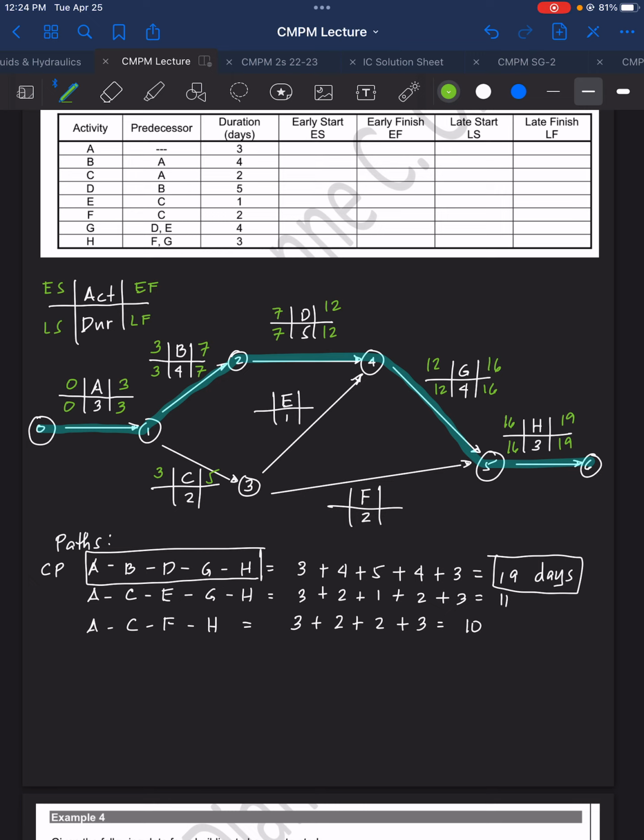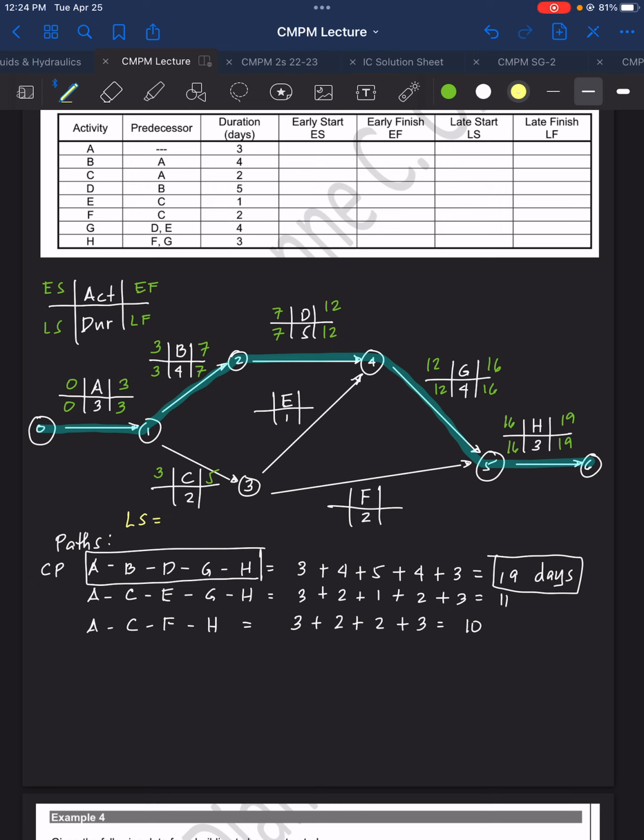Now how about the late start? You will be able to find it by doing this method. For the late start of activity C, notice this.